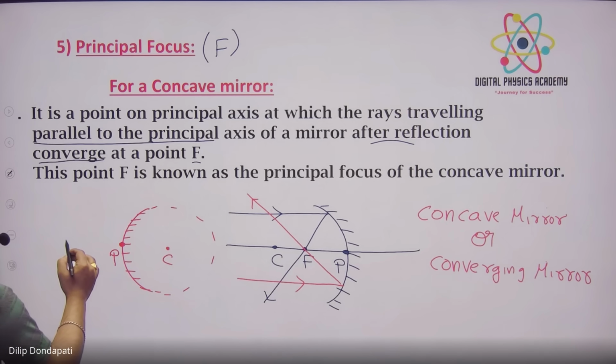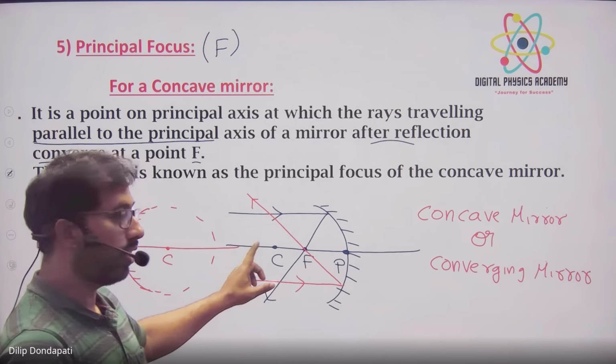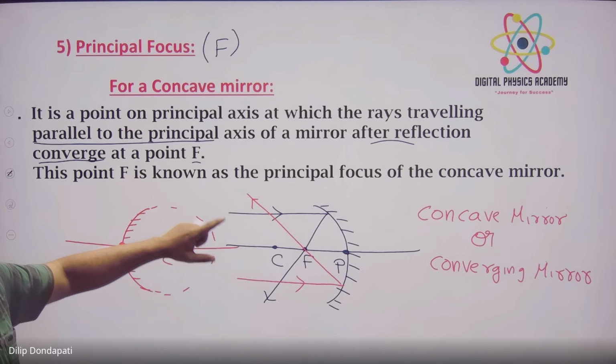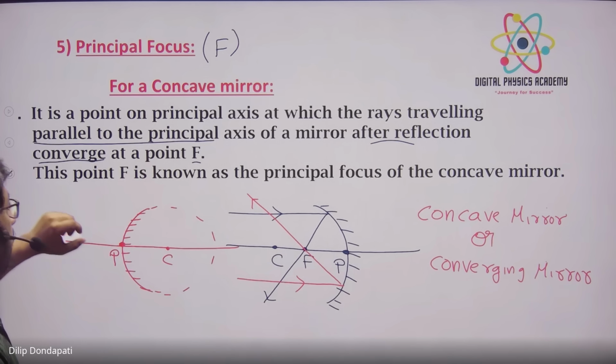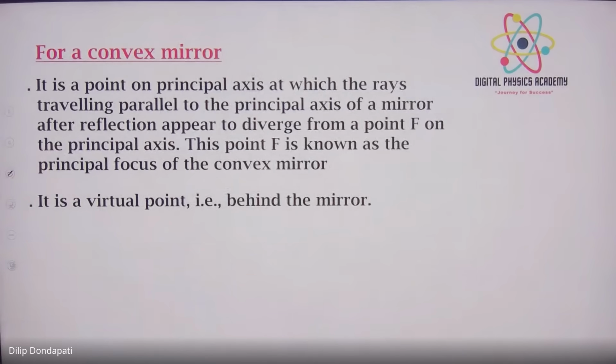Now this line is called the principal axis. So remember that, concave mirror and convex. Okay, copy the diagram, right? Now we'll go for convex. The convex mirror has the same definition but it is diverging.